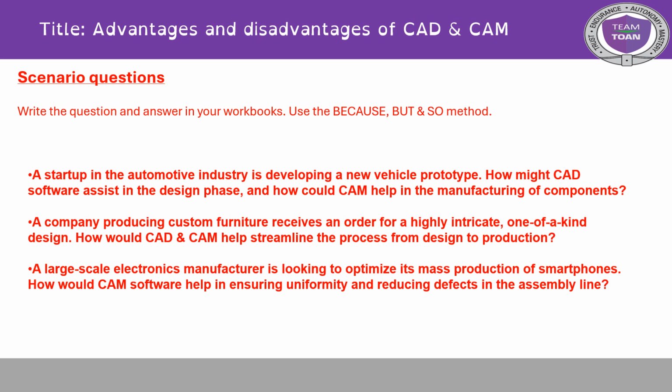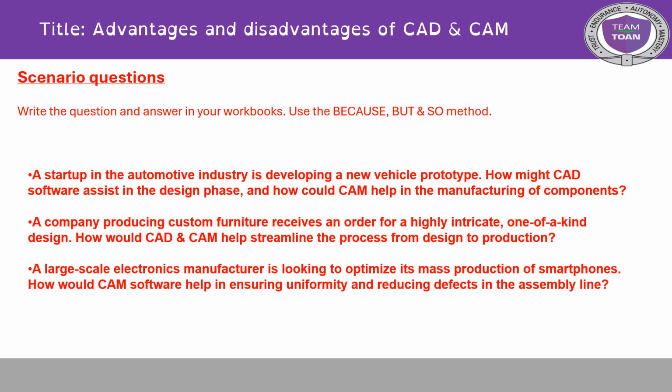Finally, we have some scenario questions. A startup in the automotive industry is developing a new vehicle prototype. How might CAD software assist in the design phase, and how could CAM help in the manufacturing of components? Question number 2. A company producing custom furniture receives an order for a highly intricate, one-of-a-kind design.